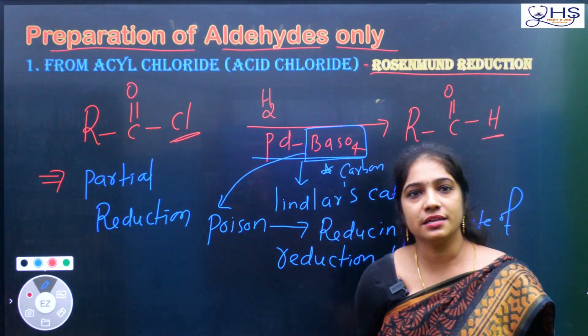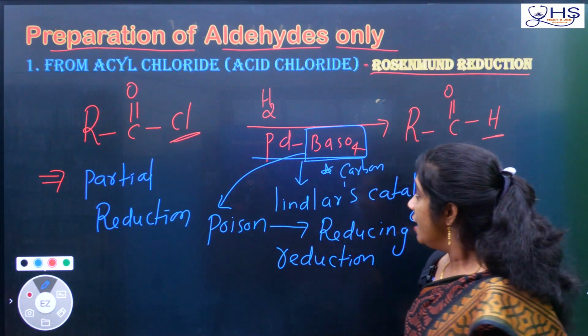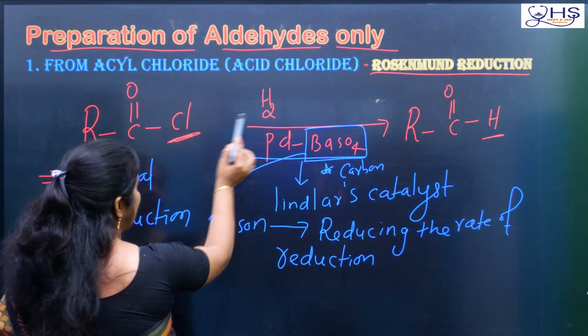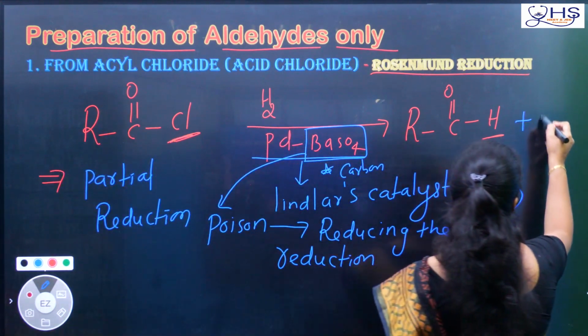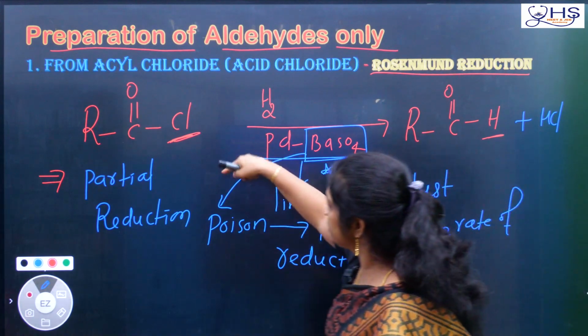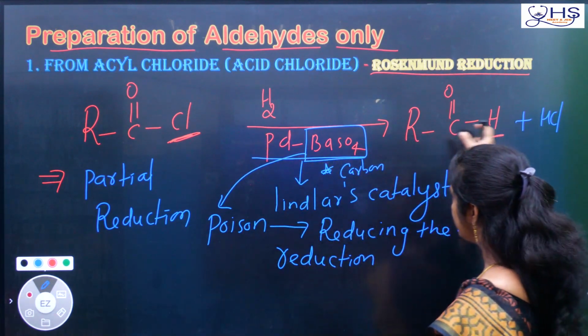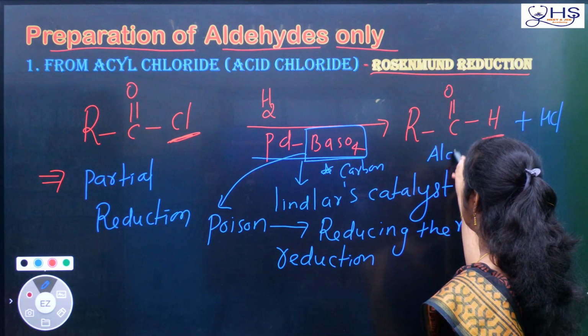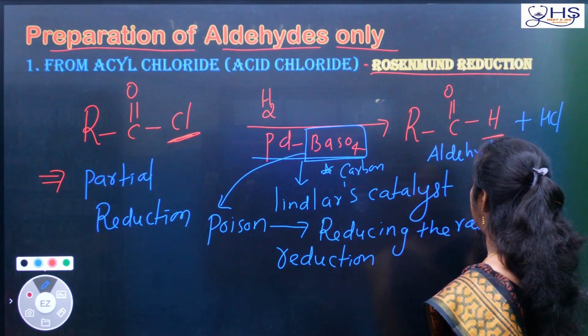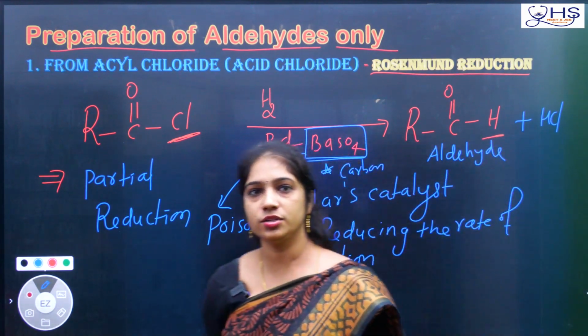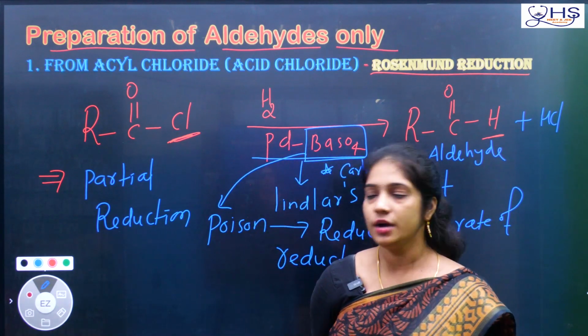This reaction is known as Rosenmund reduction. Very simple, two hydrogen are there. One hydrogen and one chlorine will make HCl. So instead of this chlorine, what we got? Hydrogen. So this product is our aldehyde. So this is Rosenmund reduction, which is the first method of preparation of aldehyde.